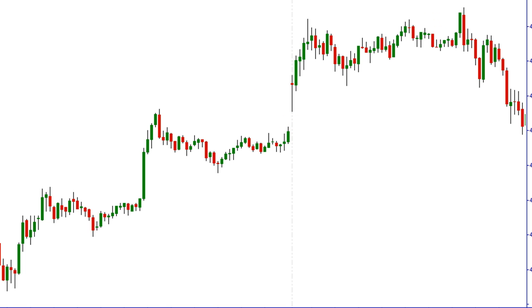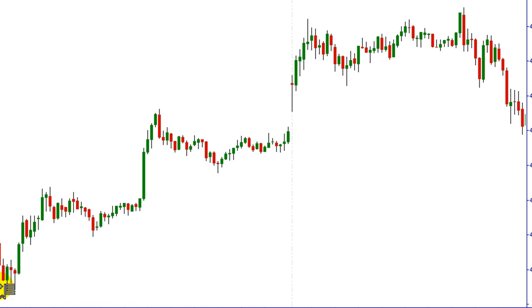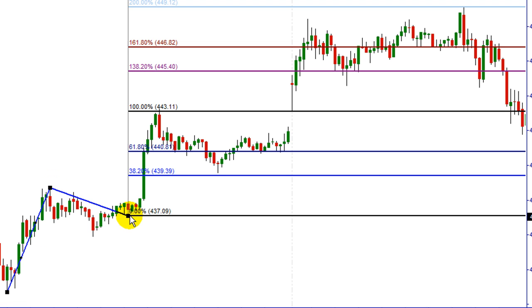If you look at applying the Fibonacci levels, such as these Fibonacci extension levels, you'll notice that the first time around, your 100% Fibonacci extension works incredibly well. And one of the things I want to share with you is, why did I do my Fibonacci levels where I did?